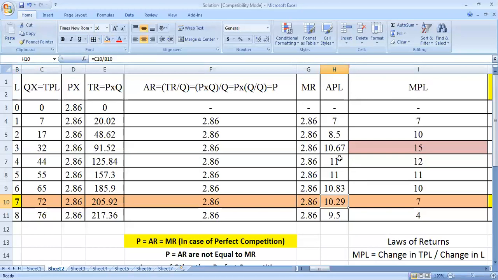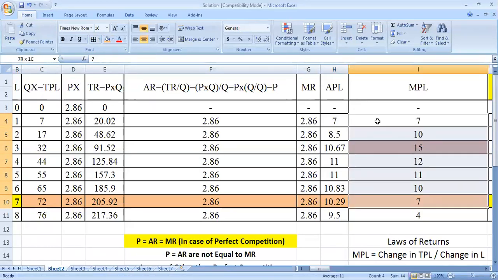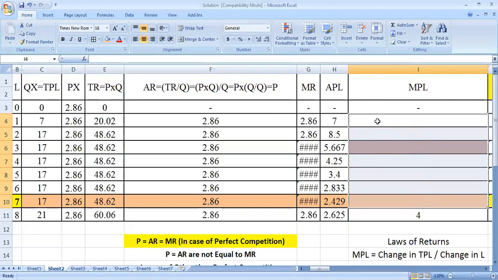So after calculating APL, now let's calculate MPL.